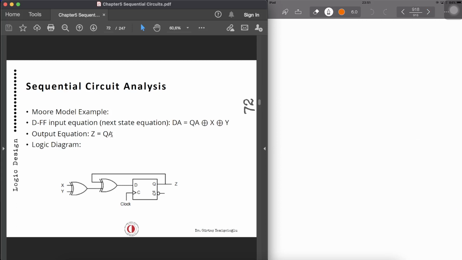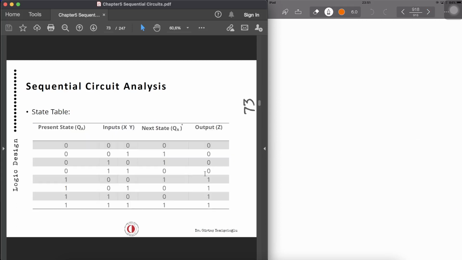Then, state diagram. Now, I can go through over here as well so that we can see these states. We have got two present states, 0 and 1, so that means I have to have two states. I'm drawing them bigger because in the Mealy, we were writing the outputs next to our inputs.